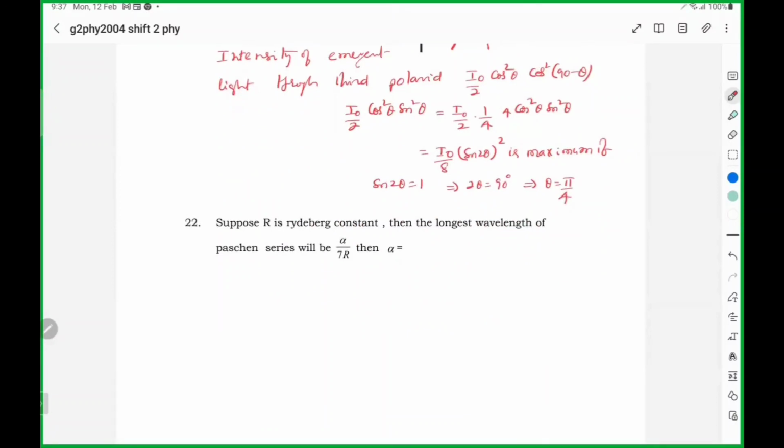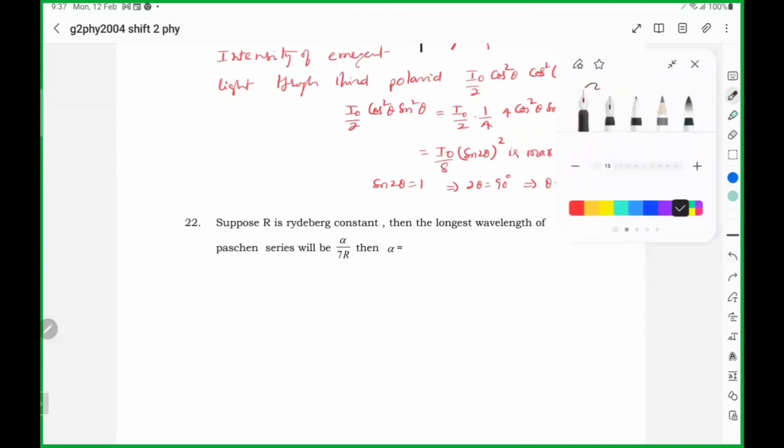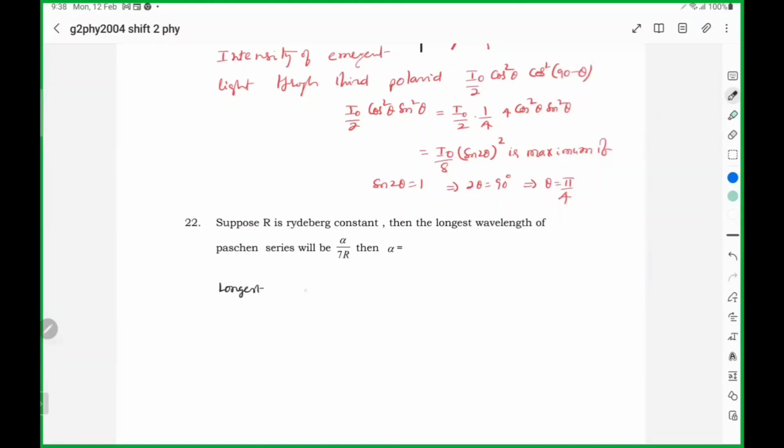Here, this is a standard question. R is Rydberg constant, then the longest wavelength of Paschen series. To find the longest wavelength, energy and wavelength are inversely proportional. Longest wavelength means minimum energy must be emitted.